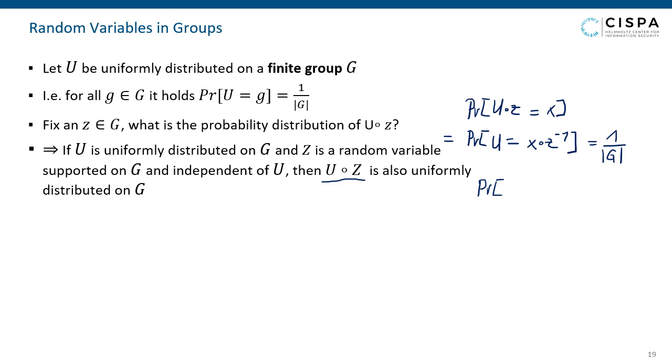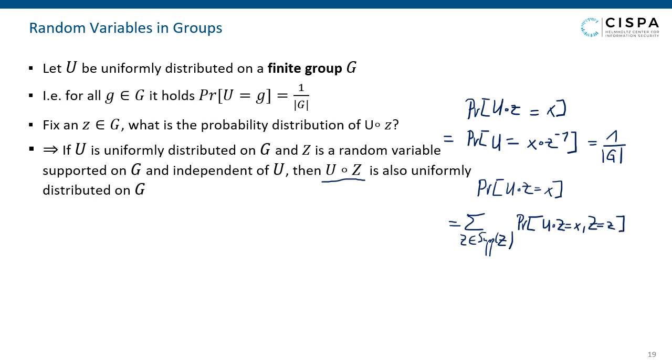So the probability that U times Z equals X is just, well, let's sum over all z in the support of Z, the probability that U times Z equals X and Z equals lowercase z.